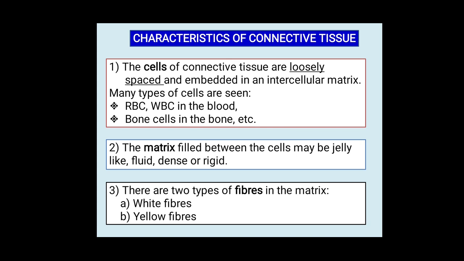So very important for connective tissue, the cells are there which are loosely spaced and they are of different types. Then the intercellular matrix, which could be fluid, which could be solid, or which could be jelly-like. And then there are thirdly the fibers, which could be either yellow or white fibers.